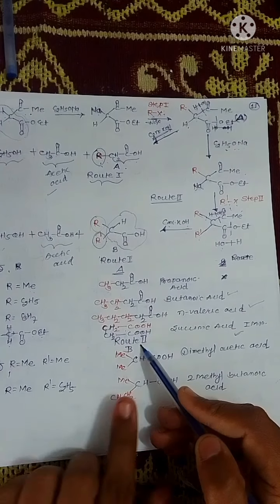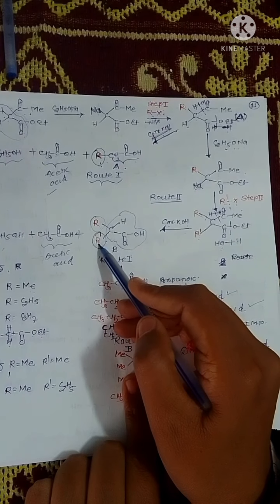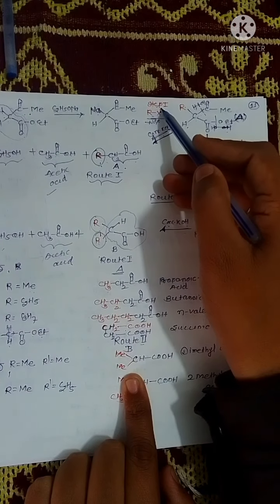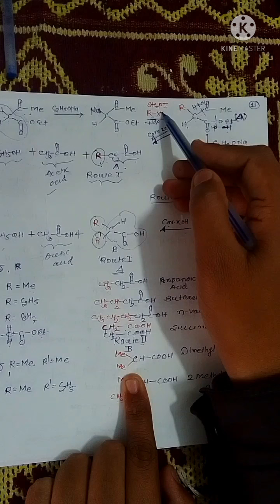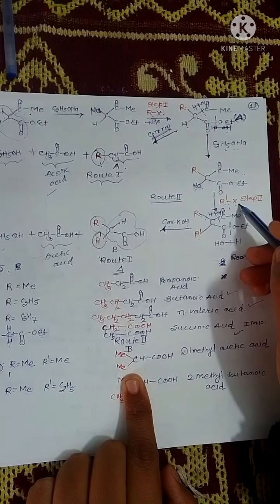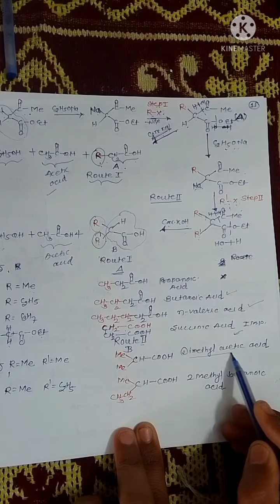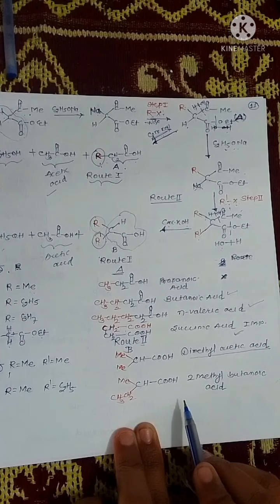In route number 2, if R and R dash are the same, that is, in step number 1 we add methyl chloride, and also in step number 2 we add methyl chloride, we get dimethyl acetic acid.